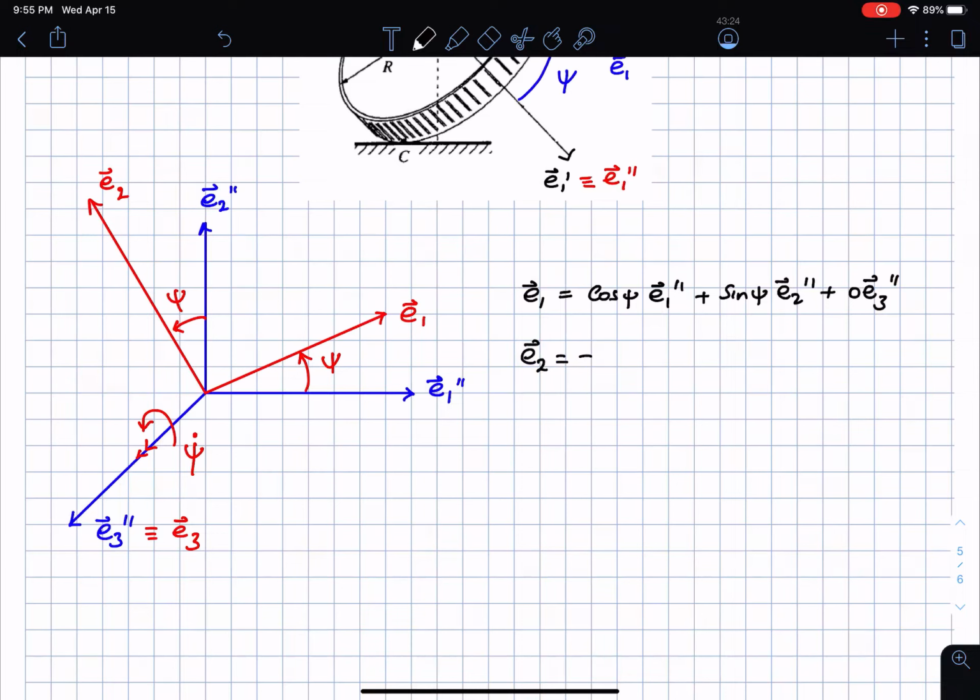E2 is minus sin psi E1 double prime, cos psi E2 double prime, 0 E3 double prime, and then E3 is the same as E3 double prime.